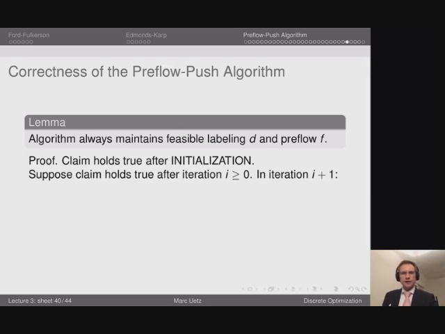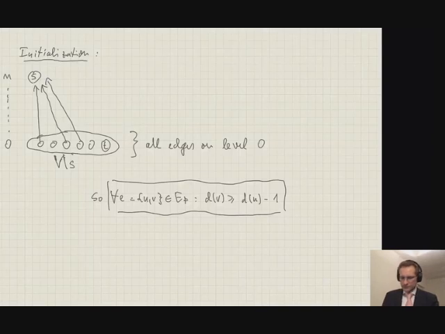But does it also have a feasible labeling? And the answer is yes. And that has to do with the fact that we are pumping everything out of S, right? So that means in the residual graph, none of these edges out of S are present. Only the opposite edges are there. S is the only node with the label N, and all the other nodes have label 0.